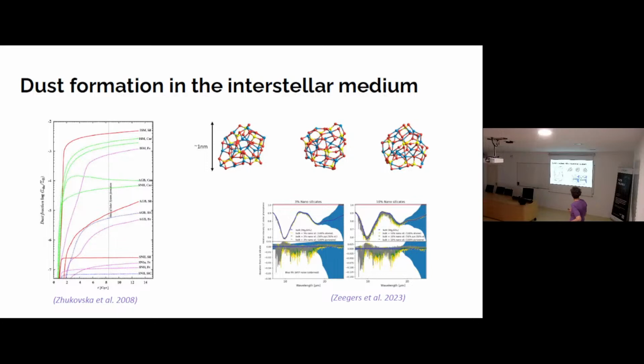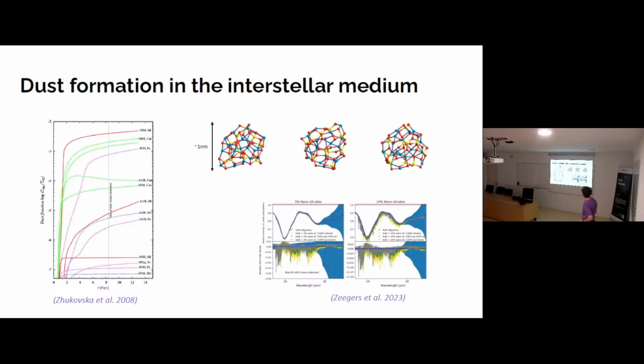Now, if interstellar dust formation is indeed important, it's interesting to look at the very smallest particles, the nanosilicates. This is a collaboration I've started with people here at the University of Barcelona to look at whether we can find these nanoclusters in lines of sight that probe the interstellar medium.